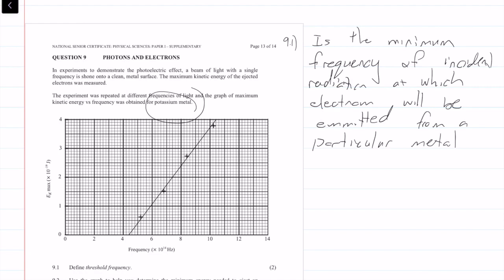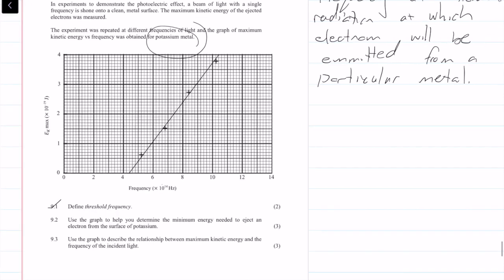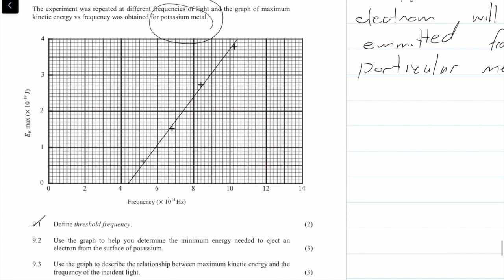That's just a definition and we get 2 marks. We also know right here that this is our threshold frequency as well.